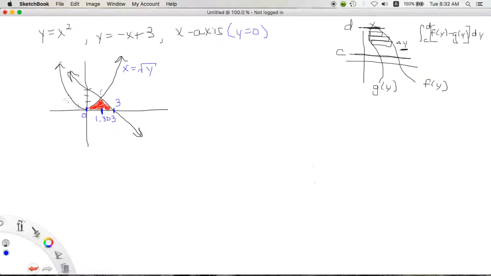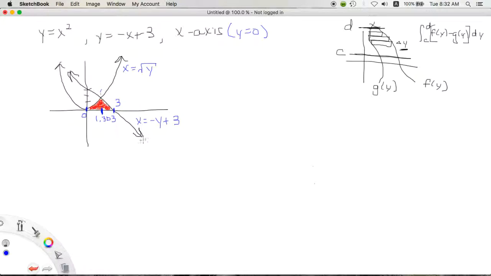Now over here it's the negative square root of y, of course, but we don't need that because we're starting at 0. So we just want the positive part. And then for this line here, we can solve it. So we have y minus 3 and then divide by negative. So we end up with x equals negative y plus 3 for this function.